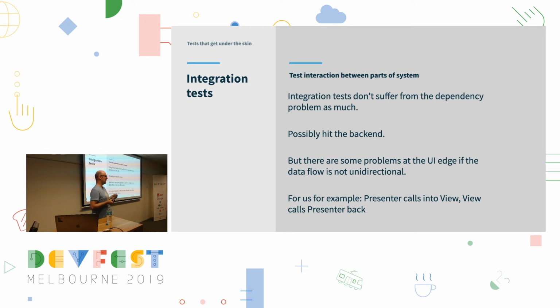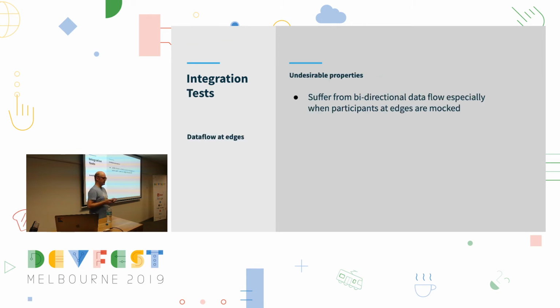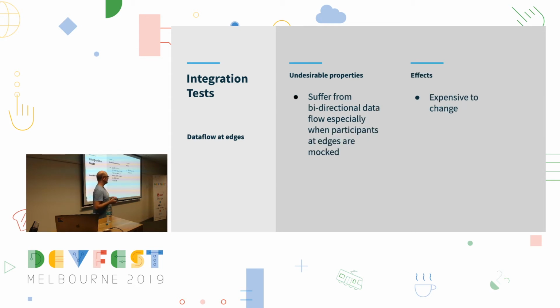And now we're in even deeper problems, because for this mock we not only need to mock the values, but we also need to mock the behavior, and we need to capture some callbacks and then execute them in the right order. And of course, that means we suffer from this bidirectional data flow when we're mocked, and that makes it again expensive to change, right?